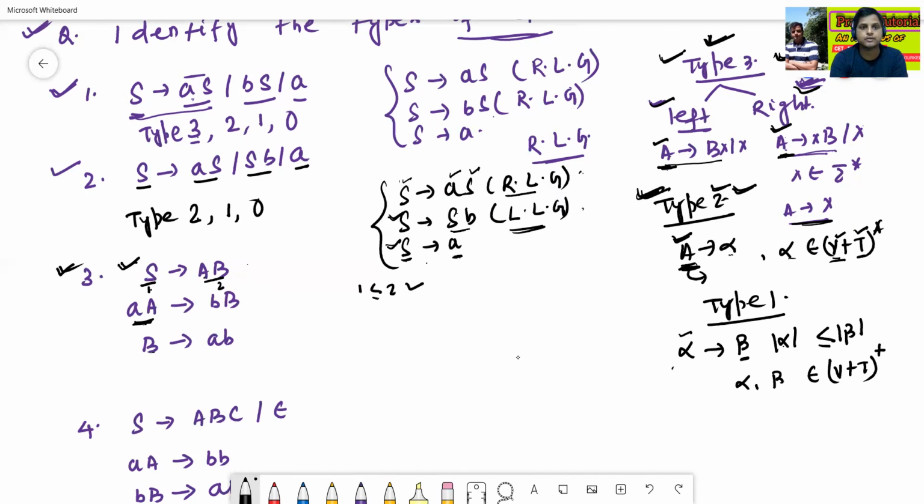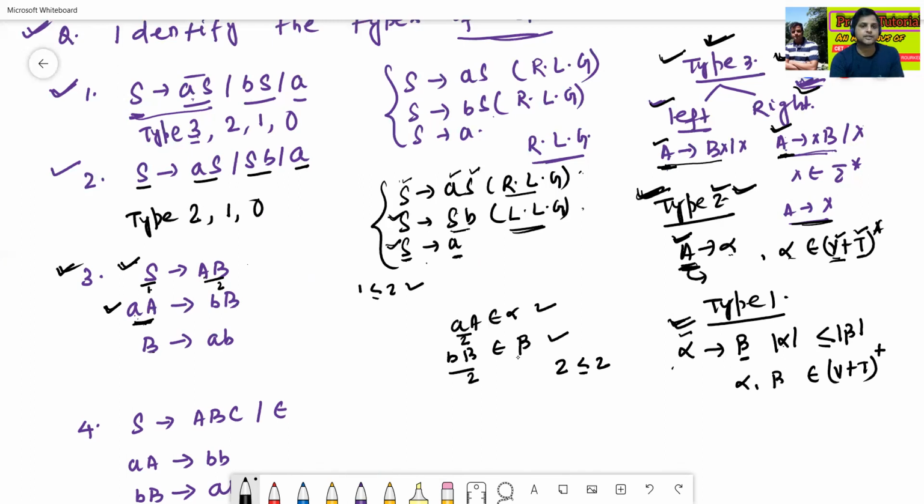So S to AB is satisfied for the type 1 condition. Now we'll check the second condition. A belongs to alpha, BB belongs to beta, and its length is 2 and its length is 2. So 2 is less than or equal to 2, it is satisfied.